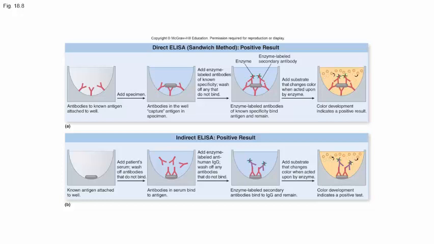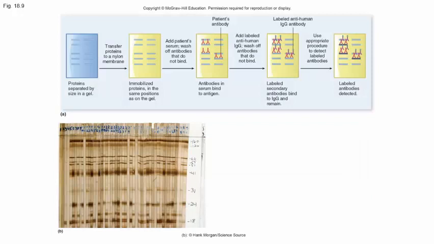Then you wash off the unbound antibodies, finally add an anti-human enzyme-labeled or radioactively labeled antibody. That second antibody is going to bind to the first antibody. After your wash, the blot is analyzed for the presence of the radioisotope or the enzyme staining that occurs. Okay? And that's what you see here. This is the Western blotting results.